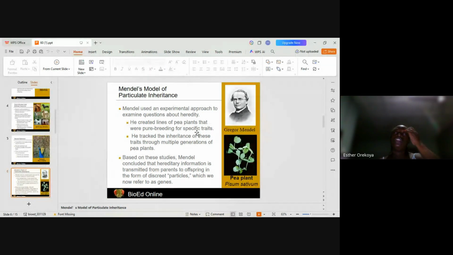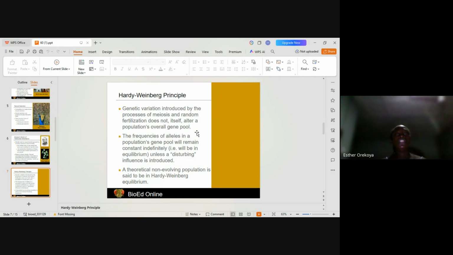Or your mom has long fingers, long and slender fingers, while your dad has short and stout fingers. And one of your siblings decided to go with your dad's fingers and took short and stout fingers, but took mommy's fair complexion. Can you see that? These are coming from genes.